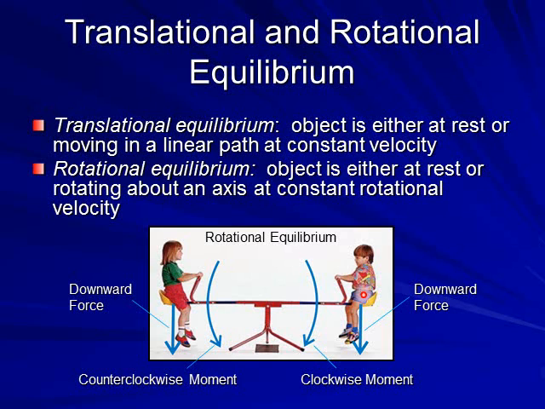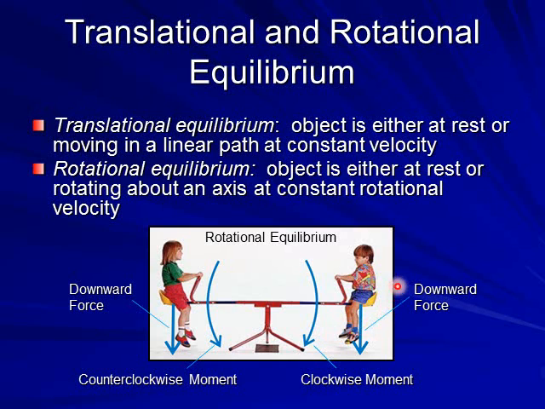The boy, on the other hand, is acting across a moment arm from the axis of rotation to his body weight to produce a clockwise moment, or a tendency for his weight to force the seesaw downward on the right, or in a clockwise direction.